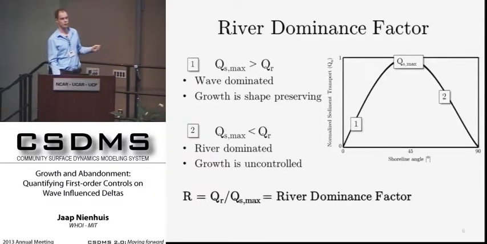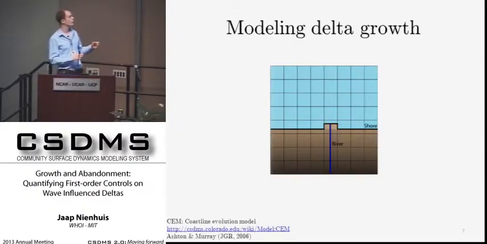We try to calculate that for deltas and for our model deltas, so we have a little model to do that. That's Andrew's and Brad Murray's coastline evolution model that is part of CSDMS and has been mentioned before. We divide the plan view delta into cells.